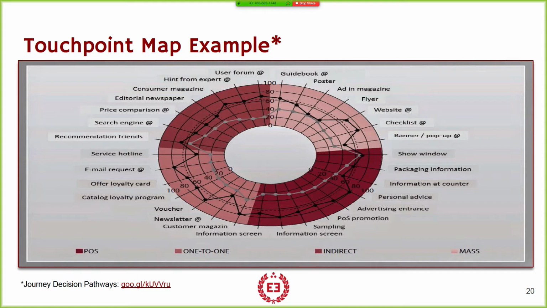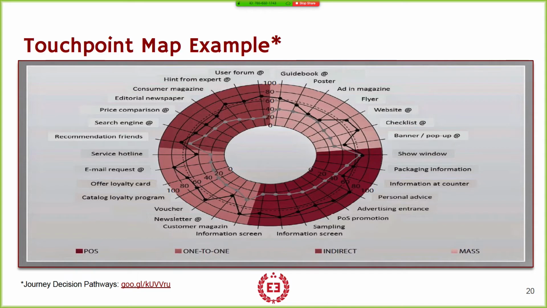So which ones saw the posters? Which ones did the checklist? Which ones had the POS promotion? You can start to get this high-level visual. This is one of many, many beautiful visualizations of this process that are highly complex in their data structure.